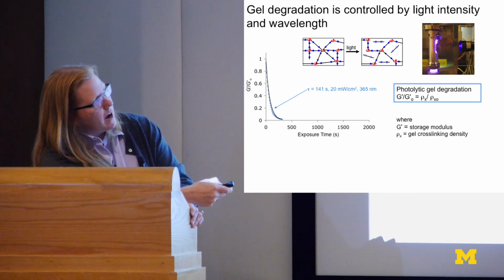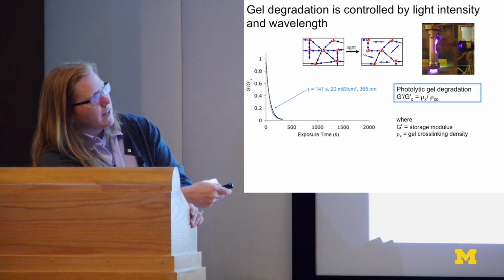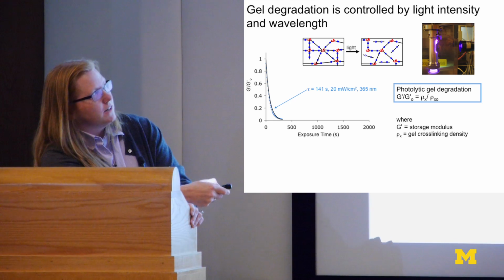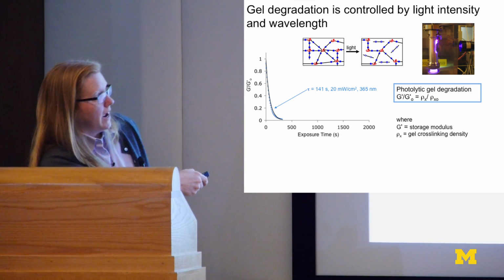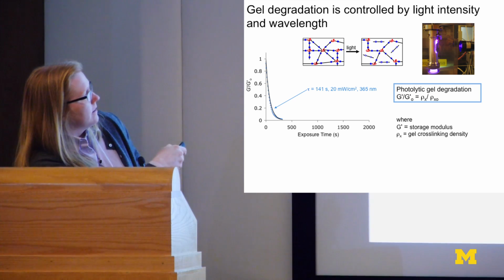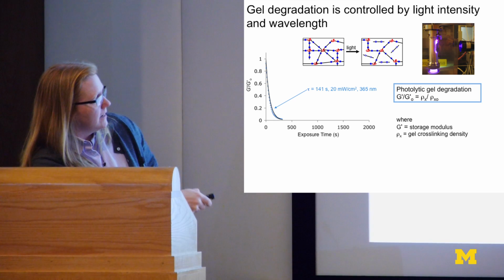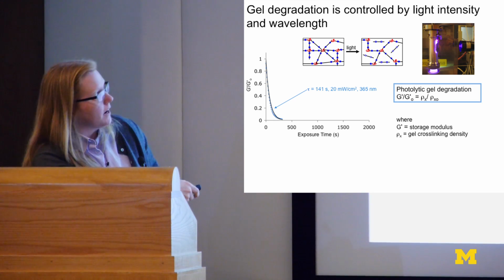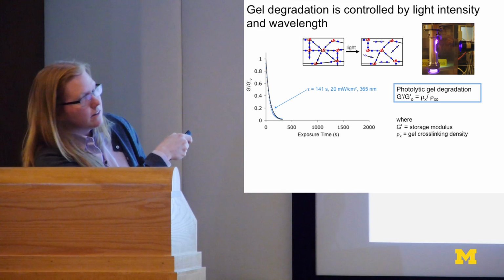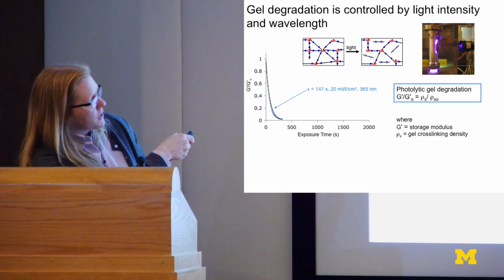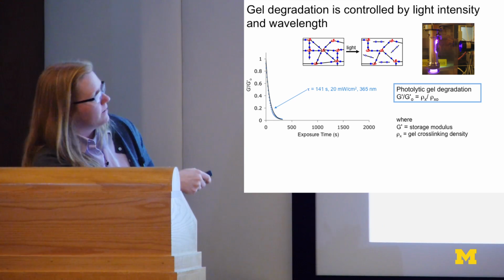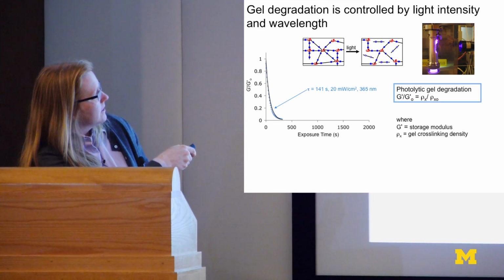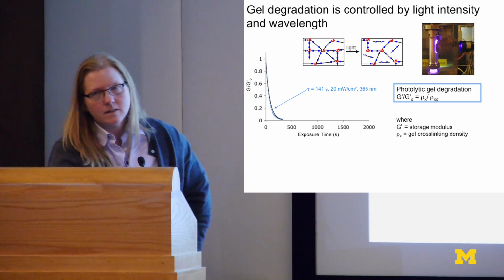And so this rheometer happens to have the ability to introduce a light source. And when you introduce that light source, it should cause cleavage and changes in this cross-linking density. And indeed, that's what happens. If you monitor this modulus of elasticity as a function of light exposure time, you see we start with a stiff gel. It's very cross-linked. And then when we expose to 20 milliwatts per centimeter squared of 365 nanometer light, the cross-links are cleaved and the modulus goes down with time.